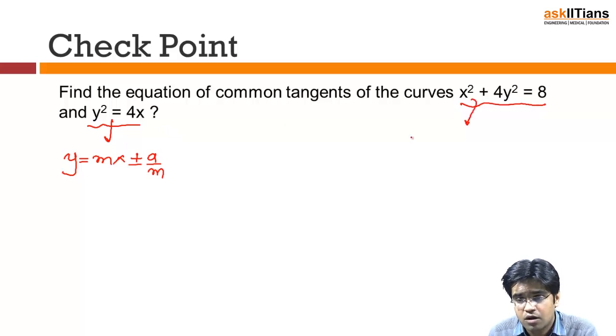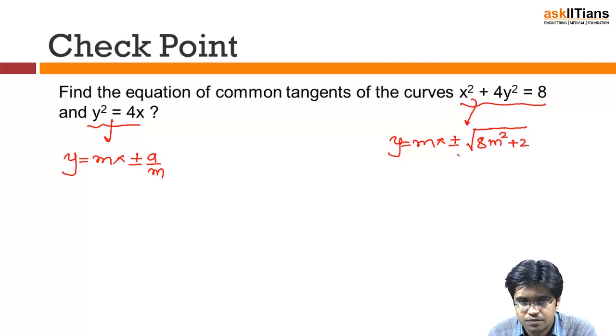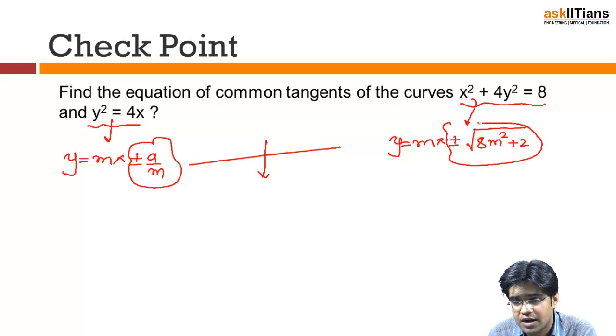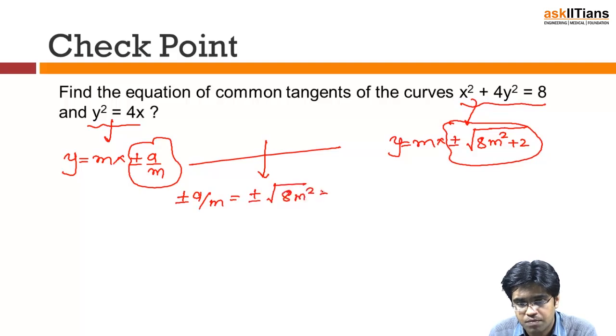For the ellipse, we know that y is equal to mx plus minus square root of a square m square plus b square, that is 8 m square plus 2. Now these two equations will represent the same line only if their constant values are same, because the rest of the equations are identical. That means plus minus a by m has to be equal to plus minus square root of 8m square plus 2.